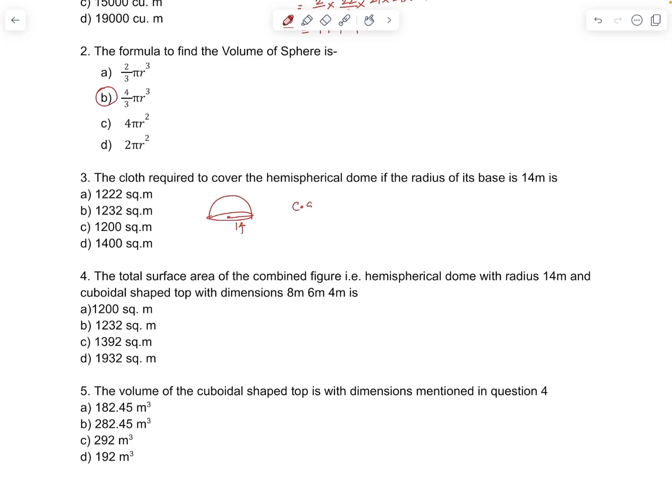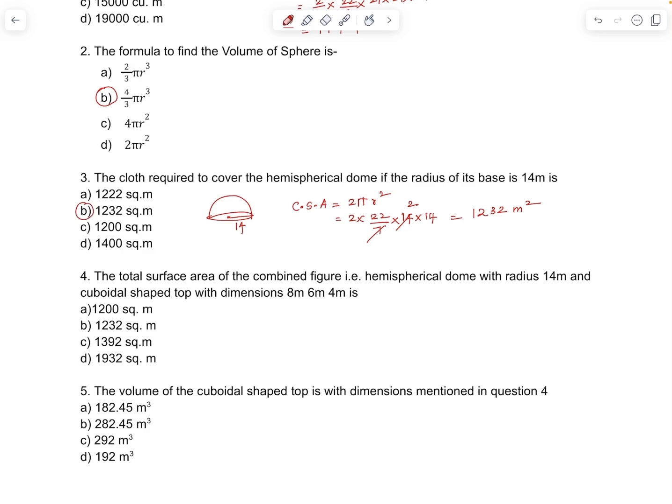So CSA is 2 pi r square, 2 times 22 by 7 into 14 into 14, which gives us 1232 meter square. The answer is B.